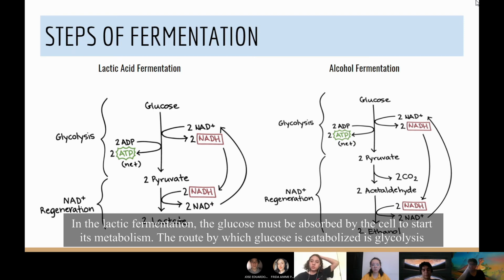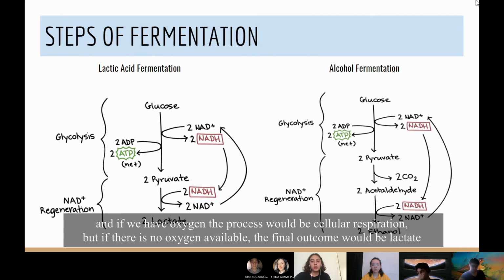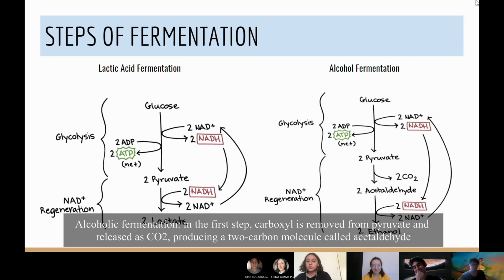The route by which glucose is catabolized is glycolysis, and if we have oxygen, the process will be cellular respiration, but if there is no oxygen available, the final outcome will be lactate.